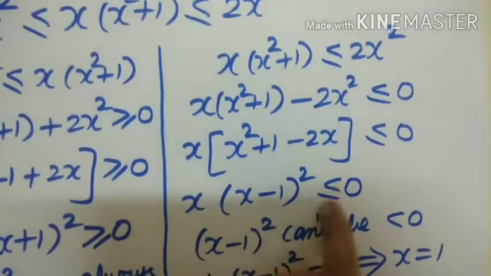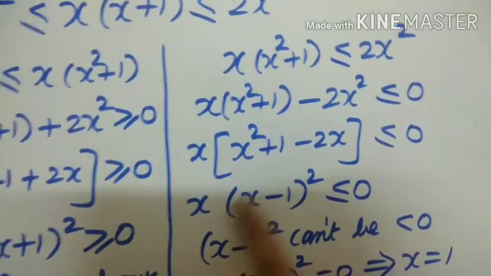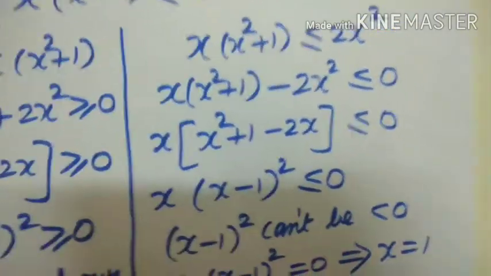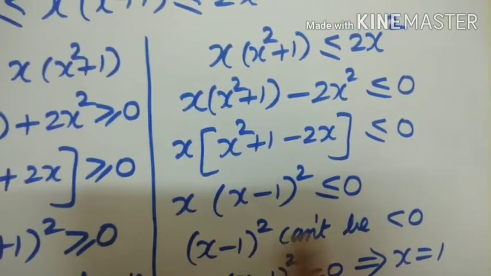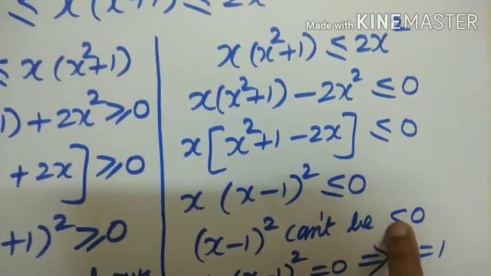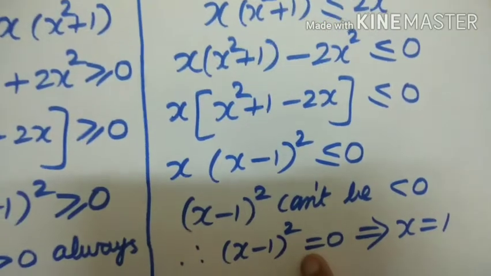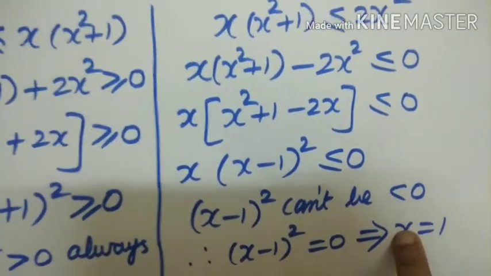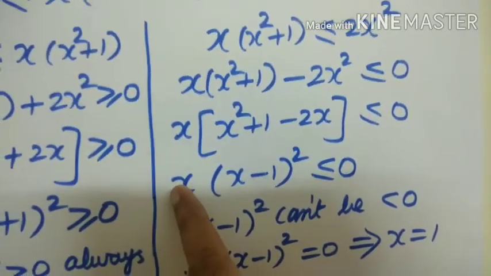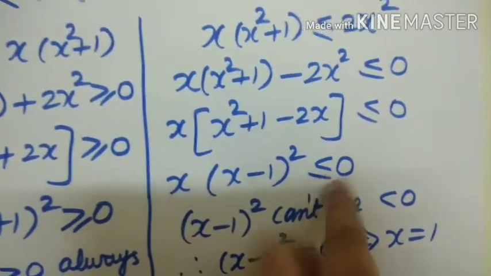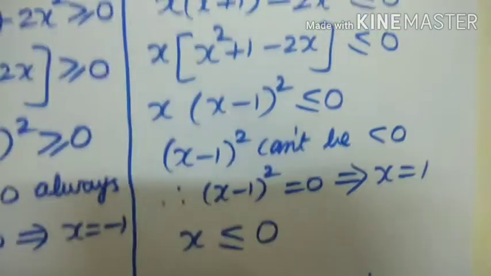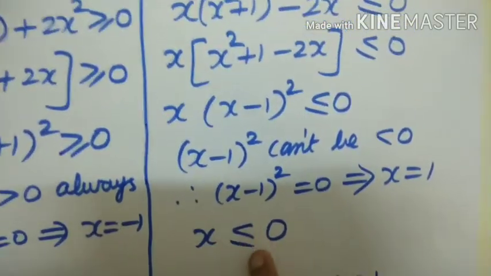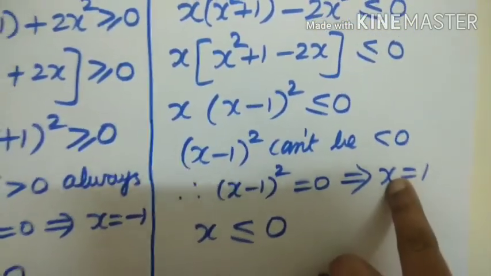Now less than or equal to 0 means, can a perfect square be negative? No. So x minus 1 the whole square cannot be less than 0. It can at maximum be equal to 0. Equal to 0 means what? x is equal to 1. One answer over. Another condition tells me x less than 0. So this part gives me two options: x less than or equal to 0, or x is equal to 1.